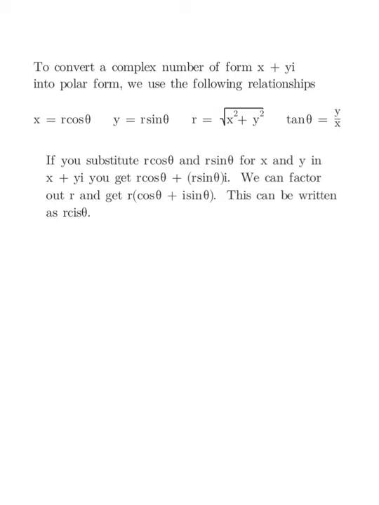But then if you factor out the r, you get r times the quantity cosine theta plus i sine theta, or we sometimes write this as r cis theta. So the complex number x plus yi is the same thing as the trigonometric or polar number r times cosine theta plus i sine theta.